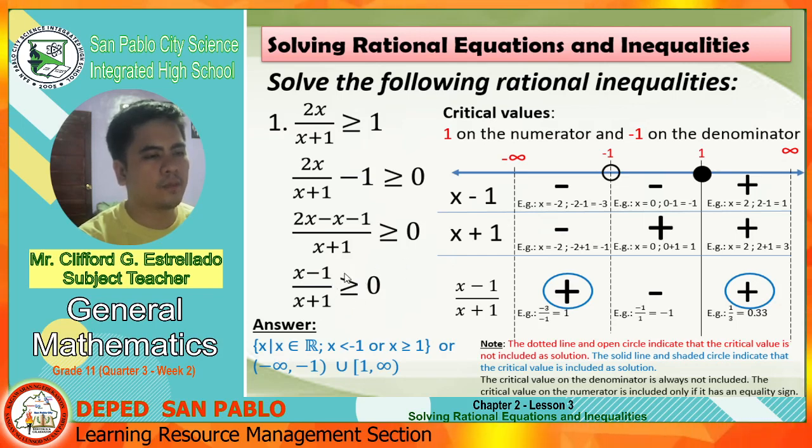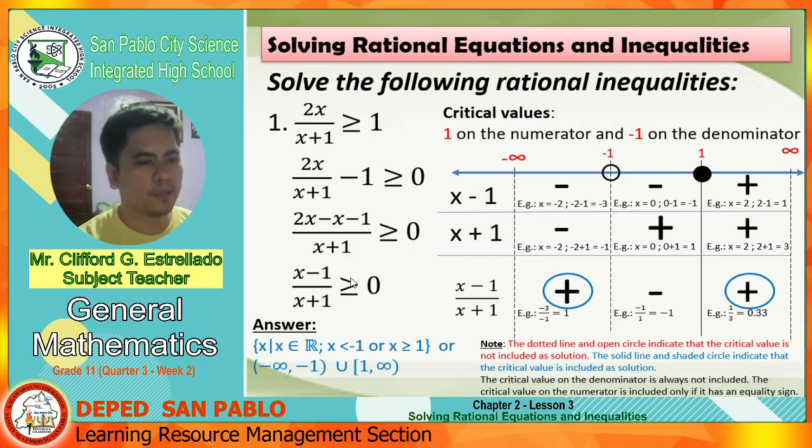But if we only have greater than or less than, for example, 0 is greater than 0 or 0 is less than 0, it is not included. That critical value cannot be included since we have a false statement. But in this case, 1 is included because 0 is greater than or equal to 0 is a true statement. So let us now get our solution set.